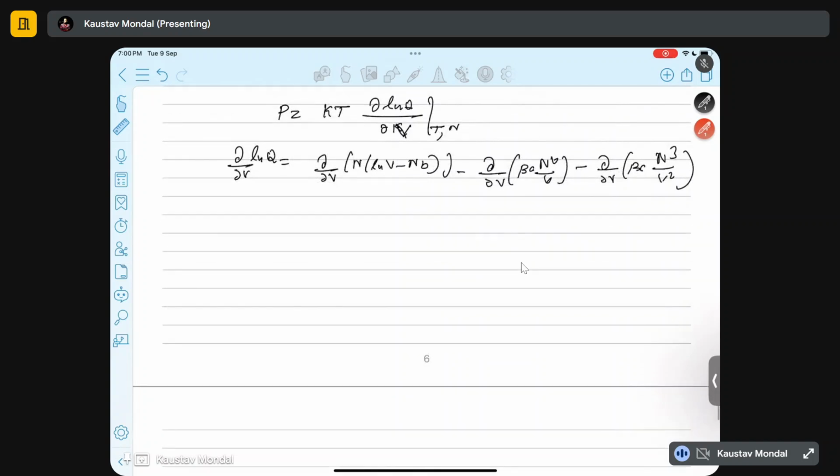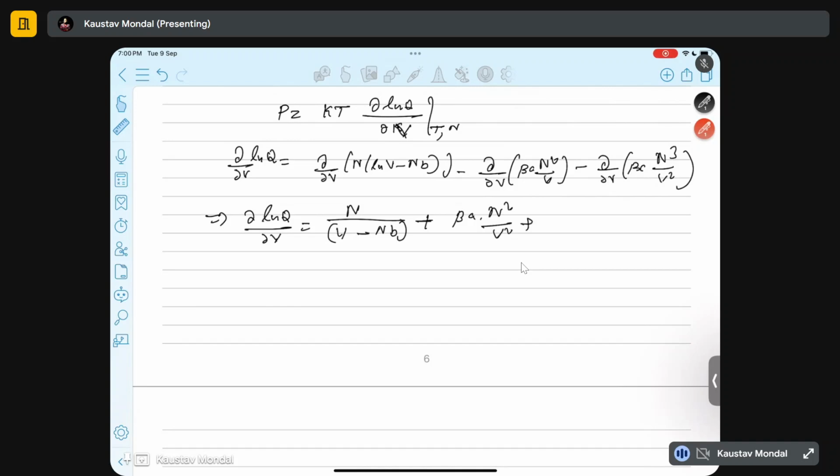So now del ln Q by del V equals N by (V minus Nb), minus, if you do the derivative with respect to V on this, minus will become plus, so it will become beta a N square by V square.